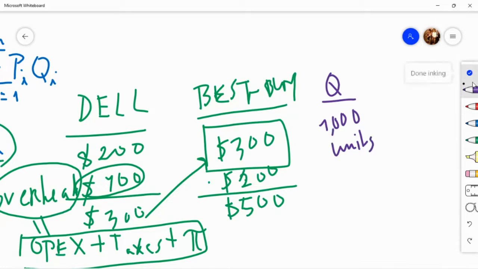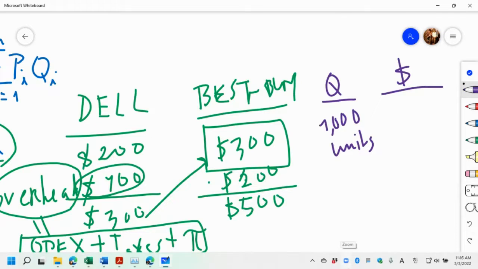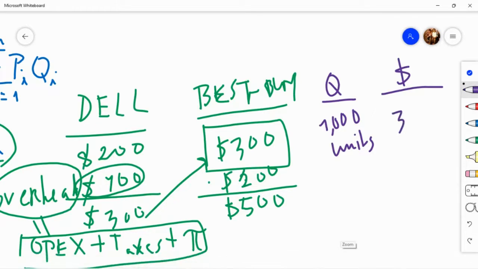Then think about it. Best Buy's CGS, in dollars, right? If they sell 1,000 units, their cost is $300,000. Isn't that right? And their revenue will be $500,000, 500K. Right? Make sense?